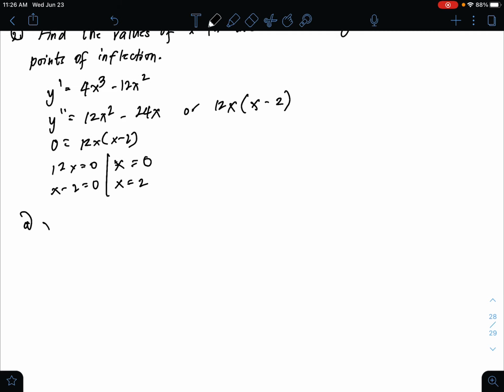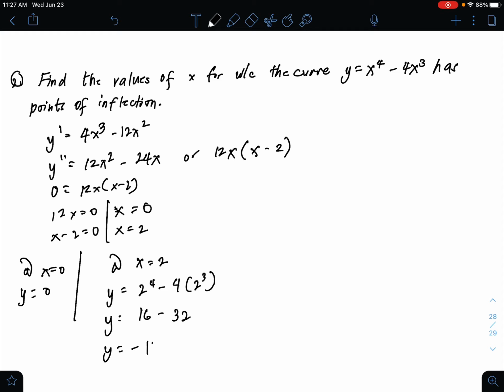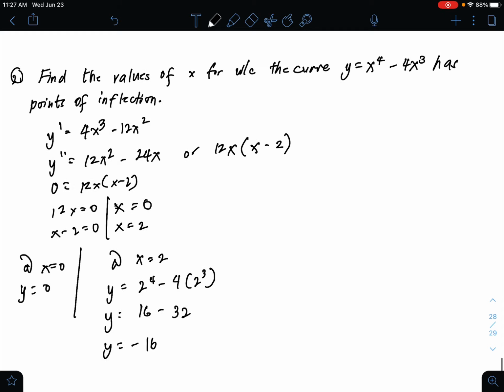So at x equals 0 sa original equation, y equals 0 as well. At x equals 2, y equals 2 to the power 4 minus 4 times 2 cubed. 2 times 2, 4 times 2, 8 is 16 minus 32. You have negative 16. So you have 0, 0.